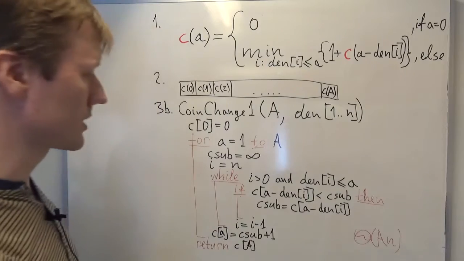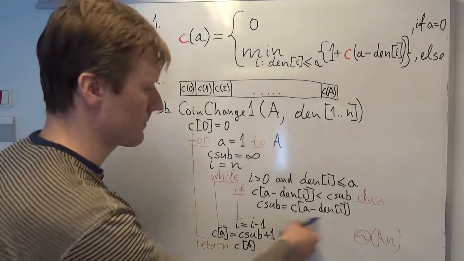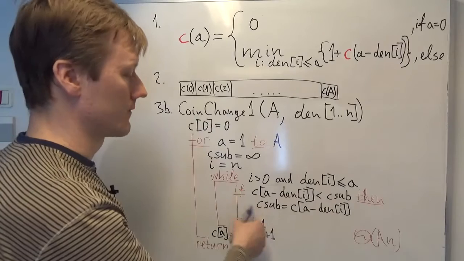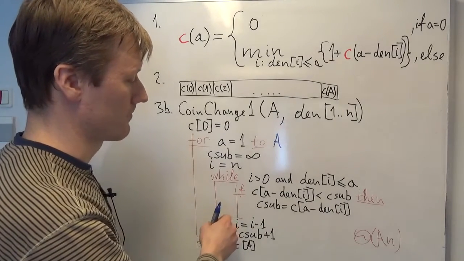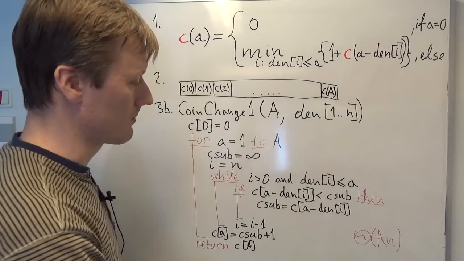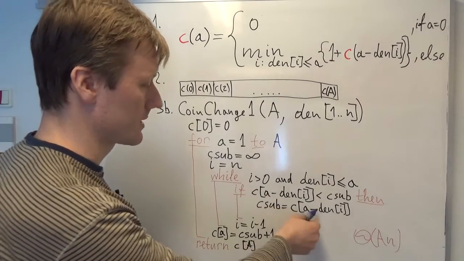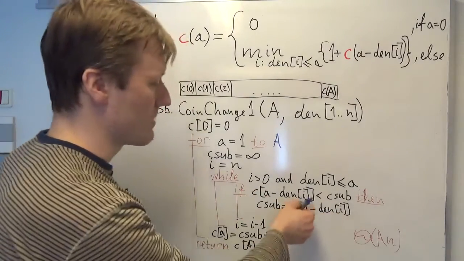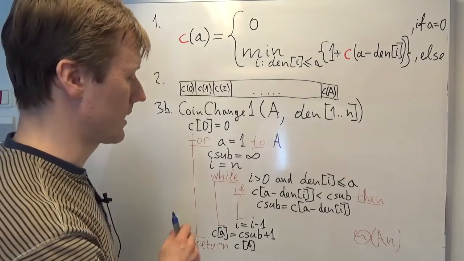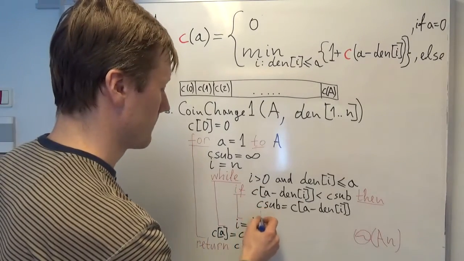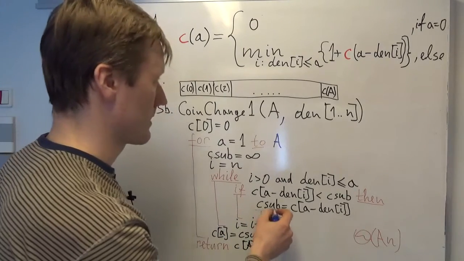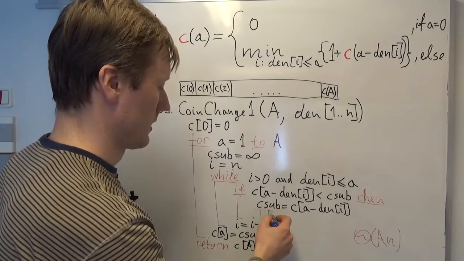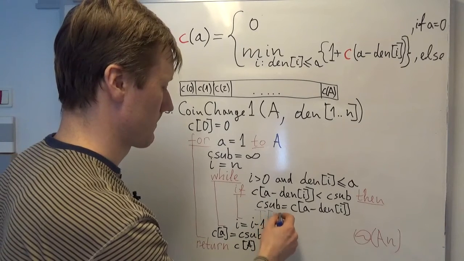So in this case, we just have to remember whenever we see some choice that gives us a better solution to a subproblem, we want to remember that choice. So in this case, we see that this denomination gives a better choice than we have seen so far. So we add a line that remembers the choices.